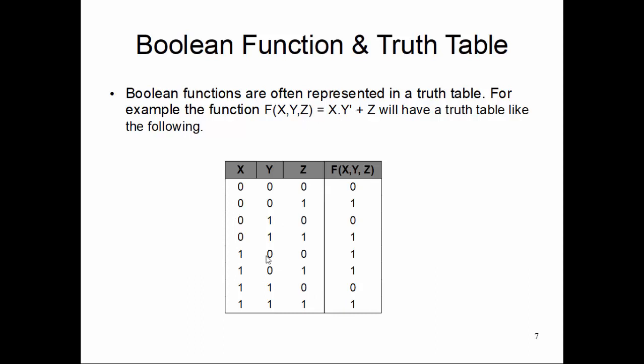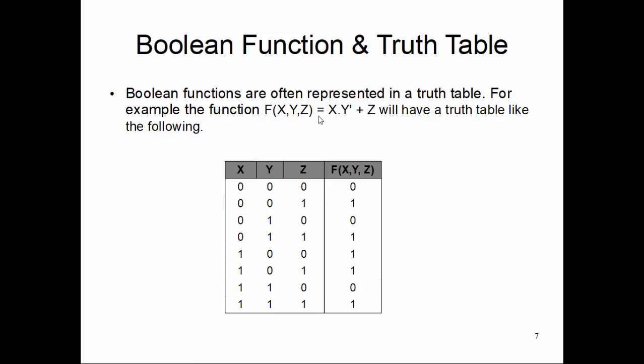And why is it important? Sometimes from a real life problem, when you are trying to build a digital circuit, it is often easier to first construct a truth table from the problem description and then convert this truth table into a logical expression to build up a logic circuit. So that's the main reason we want to study the truth table format of a function.